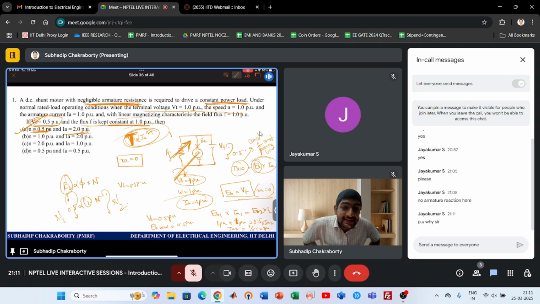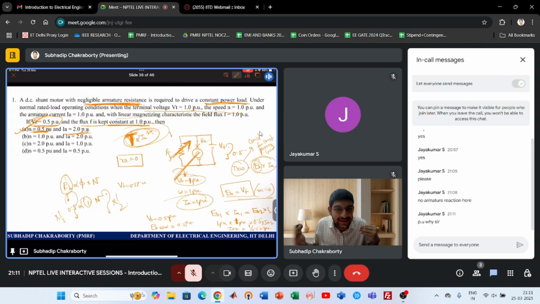Per unit means that it is rated. Everything in per unit means everything is rated. The base is rated. So voltage 1 per unit means rated voltage. Current 1 per unit means rated current. Speed 1 per unit means rated speed. It is a form of representation to quantify the changes.